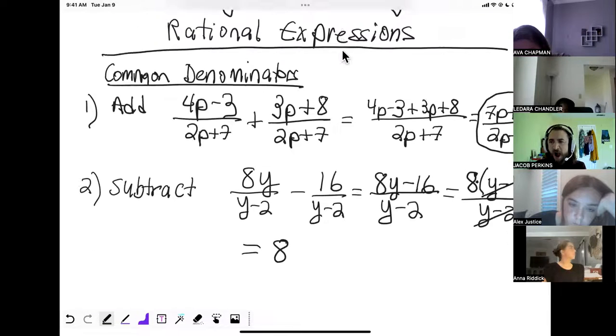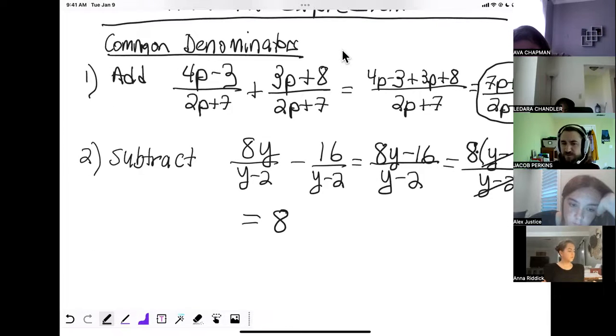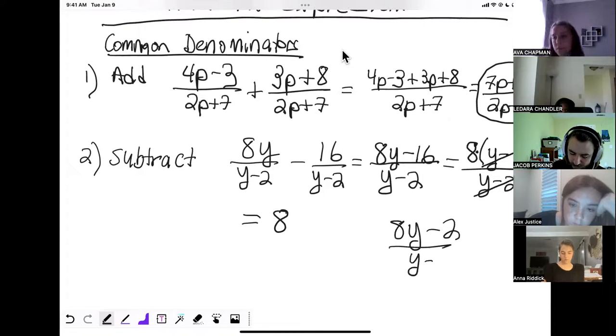Here's a difference. Let's say I had y minus 2 over y minus 2. Okay, I can't do this. Nope. No. Okay, because it's not being multiplied.